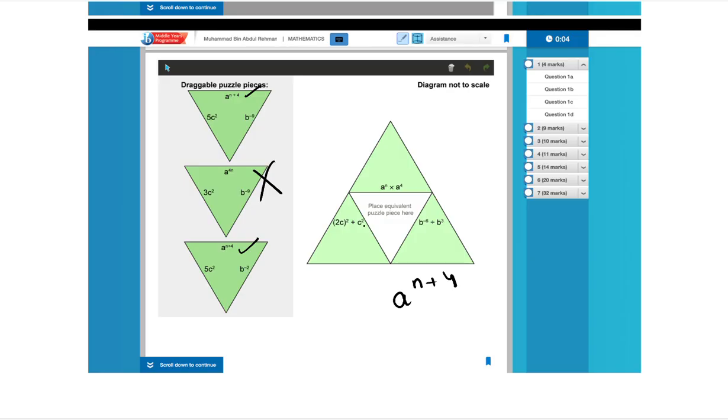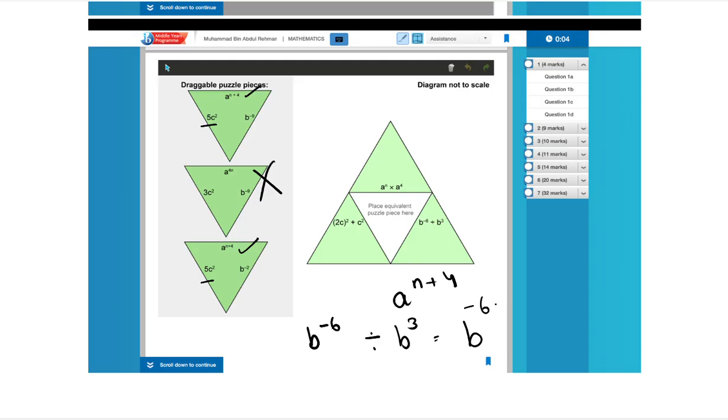Now 2c square plus c square. This obviously becomes 3c square and that's common. But we have to verify this one. b raised to the power of negative 6 divided by b raised to the power of 3. Now, in order to solve this question, we must be well aware that since the base is constant and there is a division sign in between, the powers are going to subtract from each other, right?